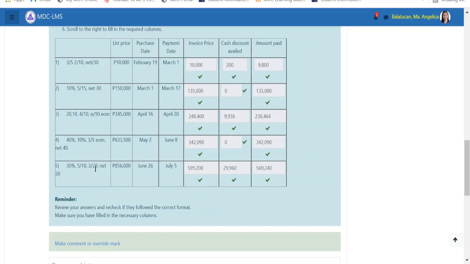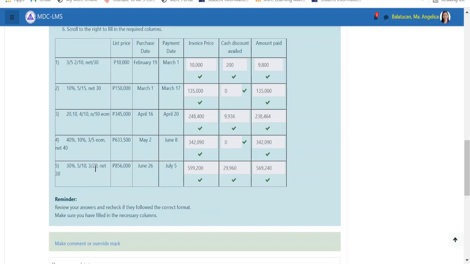So therefore, if the payment was made on July 5, there is a discount. How much would be the discount? Let's check again. 26 plus 10 days, so that's 36 minus 30. So that's 6.